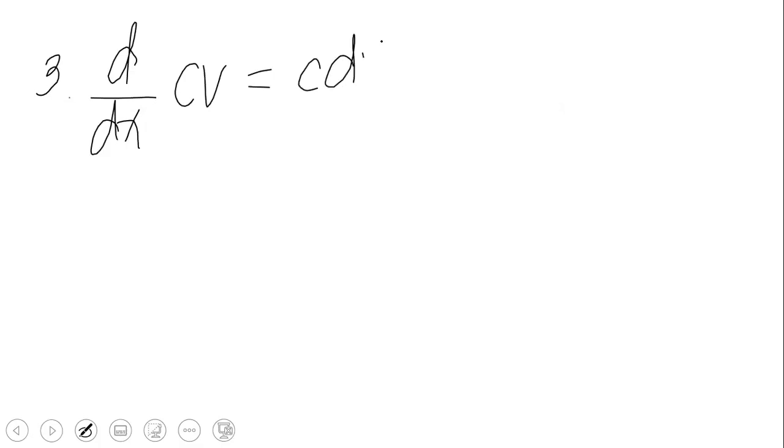Let's have number 3, the derivative d over dx of cv, which is c, a constant, times the derivative of a variable. Example, y equal to 5x squared.